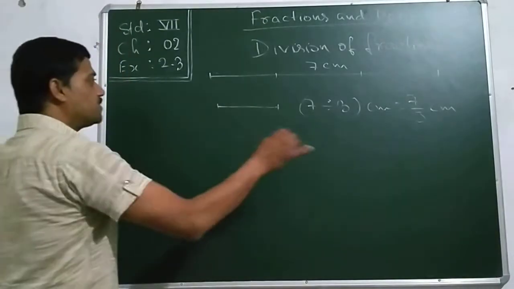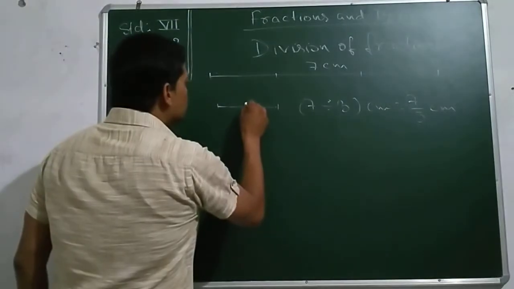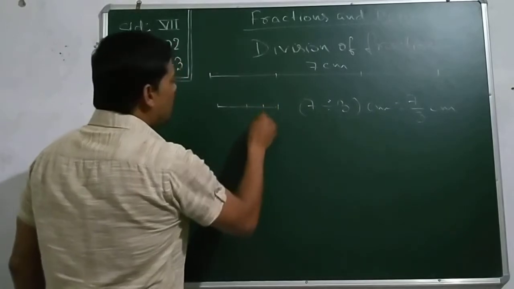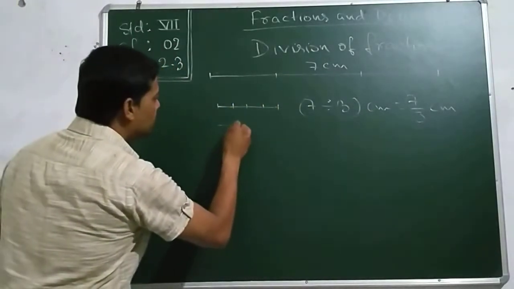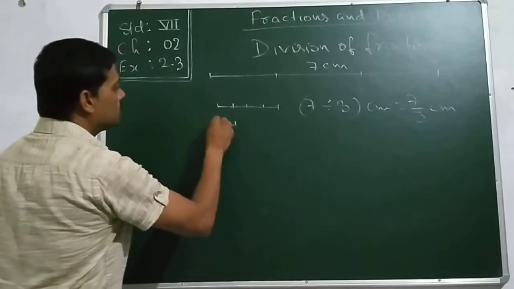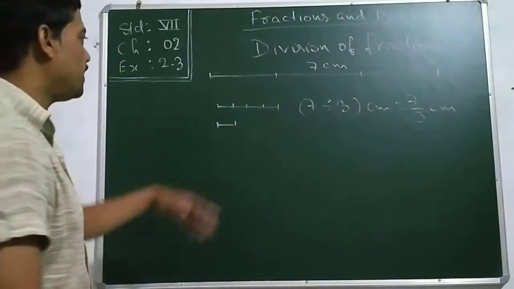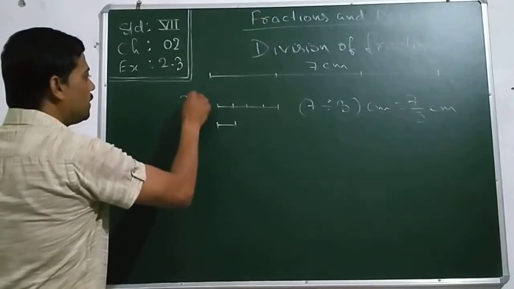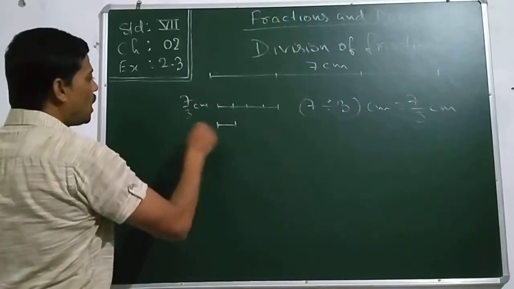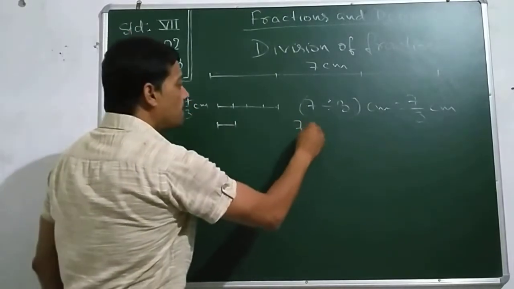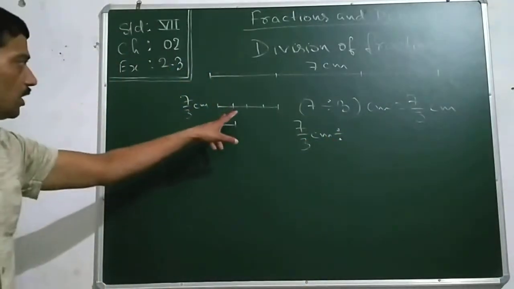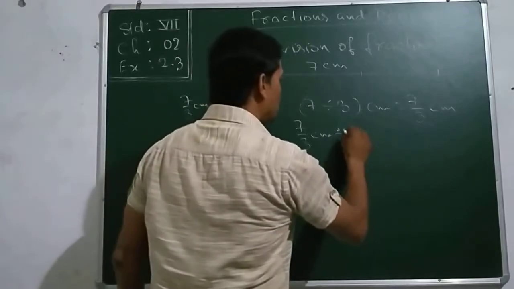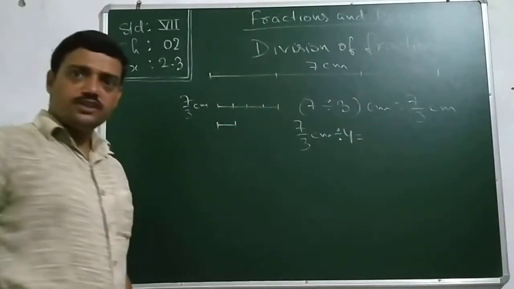Assume that we have divided it into 4 equal parts, the length of only this much part, 1/4 of the remaining. This was 7 by 3 cm. Now this will be 7 by 3 cm divided by 4.